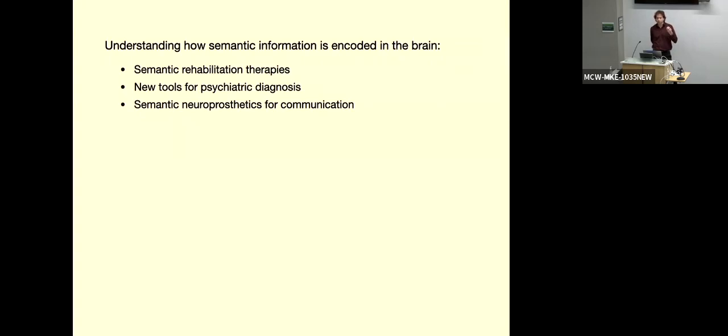So how can we have them communicate if they don't have the word forms, they only have the lexical concepts? Well, if you understand how the lexical concepts are represented, then we can decode them from the brain activation and have them communicate directly through their thoughts.